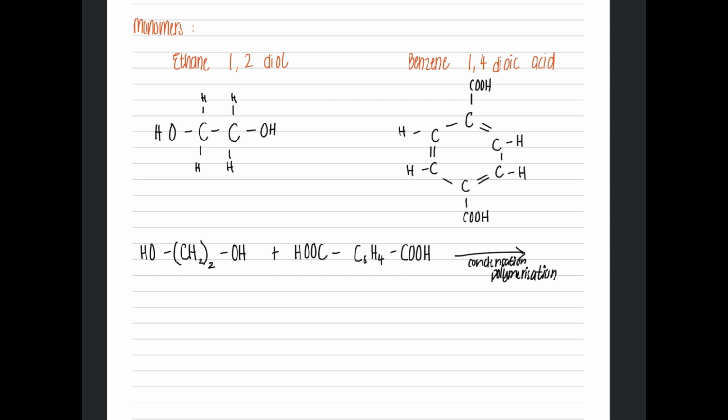Just remove the water molecule. Remember, every time oxygen is removed from C double bond OH, and from the OH group, the hydroxyl group, only hydrogen is removed. Repeat on both sides, and what do we get? Then it continues, plus n water molecules.